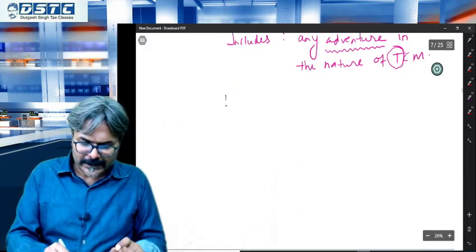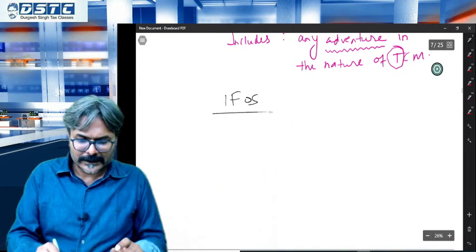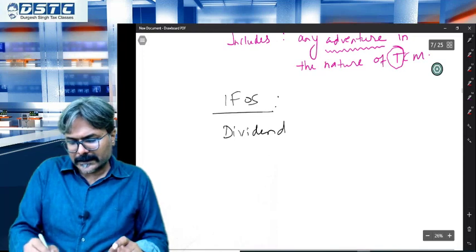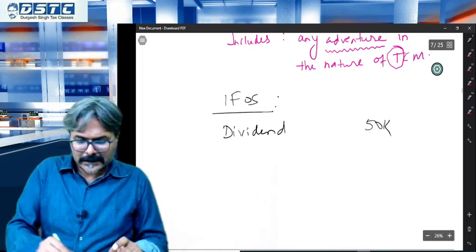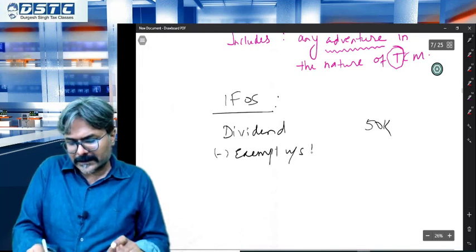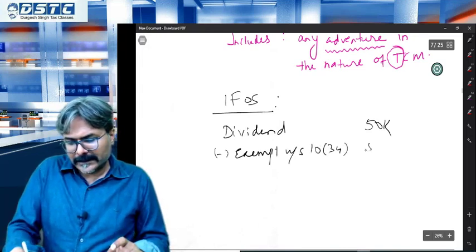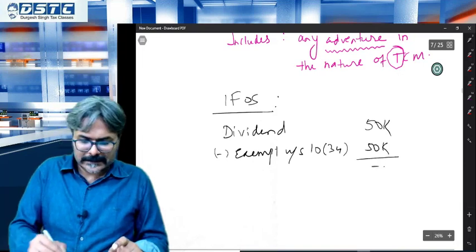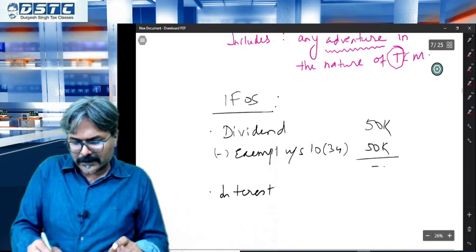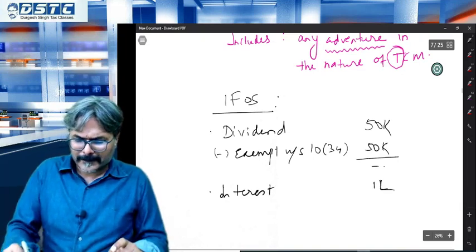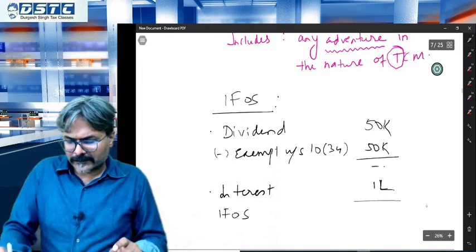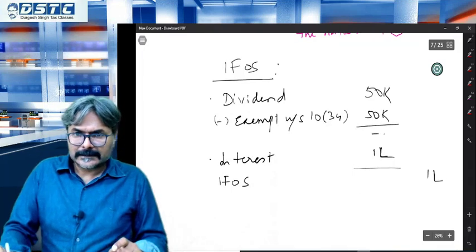So here under IFOS, dividend in the inner column is 50,000, less exempt under section 10(34), 50,000. This is nil. Thereafter, interest was how much? 1 lakh. And that will give you IFOS of 1 lakh, isn't it?